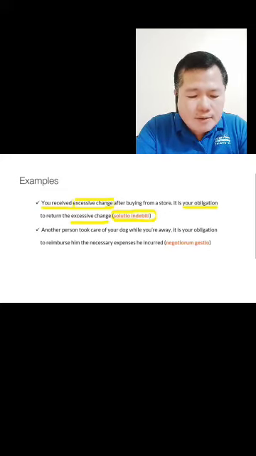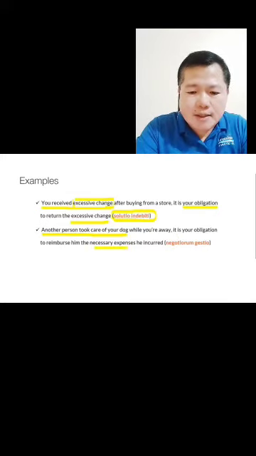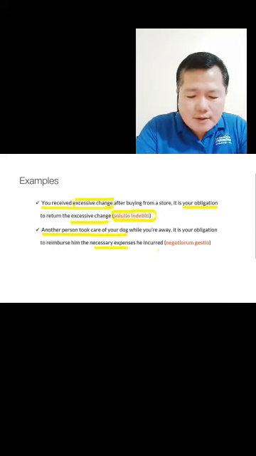Okay, so another example. Another person took care of your dog while you're away. It is your obligation to reimburse him the necessary expenses he incurred. This example is under negotiorum gestio.